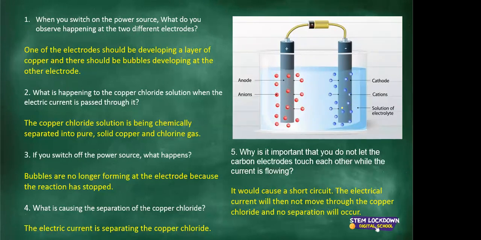Let's just use the example with the impure copper anode and the pure copper cathode. So what happened here is that the impure copper broke down when we added electricity, and it became cations, and it was attracted to the pure electrode.